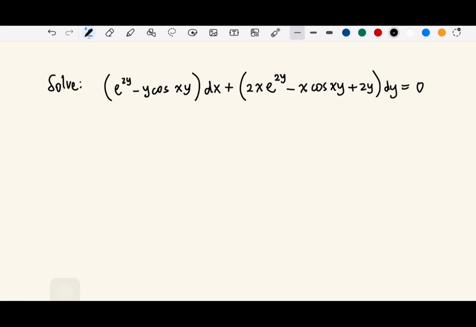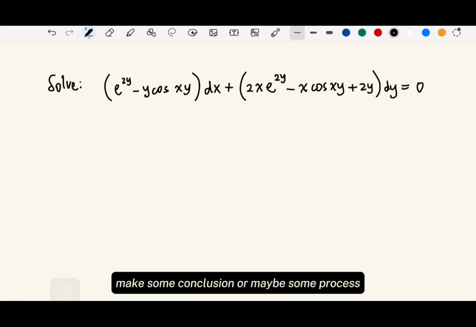Okay. But before we try to make some conclusion or some process, the first thing you need to do is to check, okay? So always check the equation.